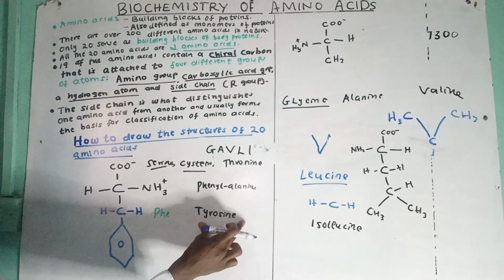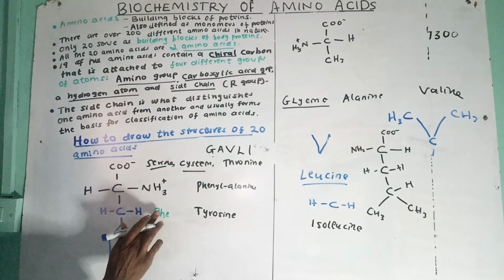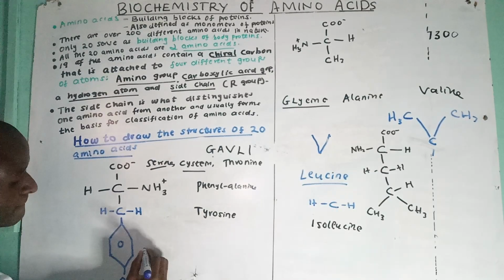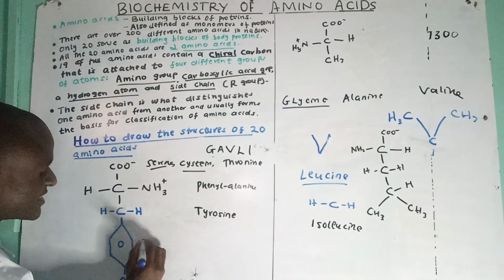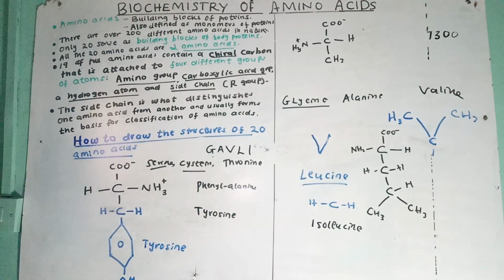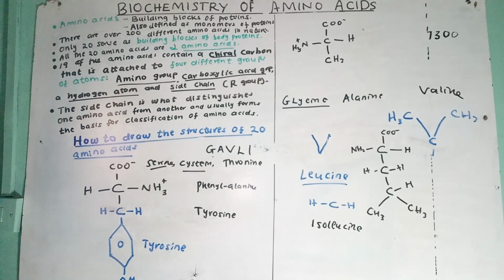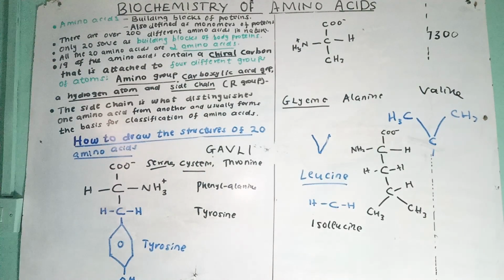For you to draw tyrosine, you need to know phenylalanine and then add a hydroxyl group. So it stops being phenylalanine and becomes tyrosine. So we proceed very fast. We go to the next amino acid, tryptophan.